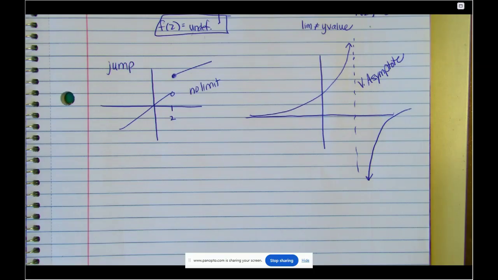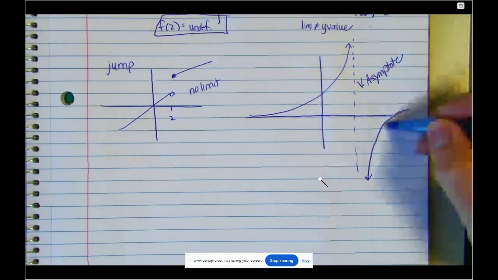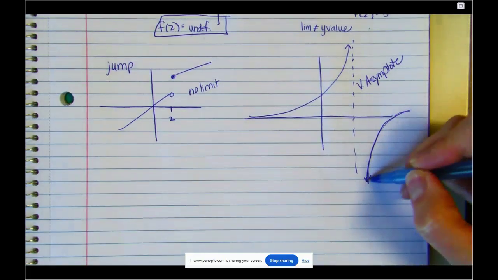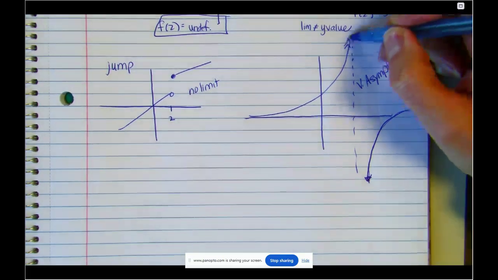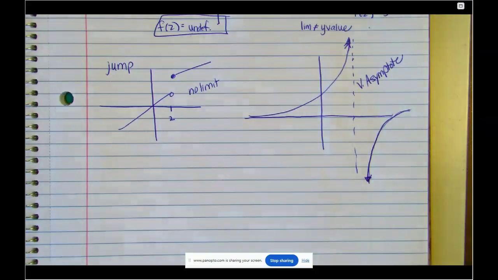Look at the definition of continuity. Which of the 3 things causes a problem? There's no y value. That would be one thing you could say. This one also does not have a limit, because it's not getting anywhere. This just continues to go down and down and down. This continues to go up and up and up. In order to be a limit, it has to actually get somewhere. So on this one, I would take both answers. You could say that there's no limit or there's no y value.